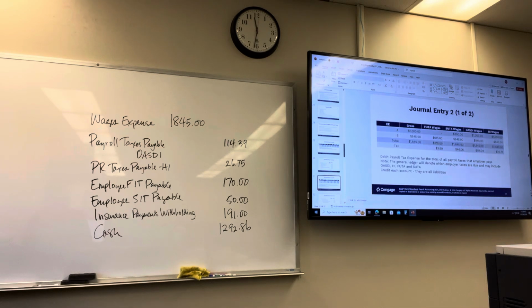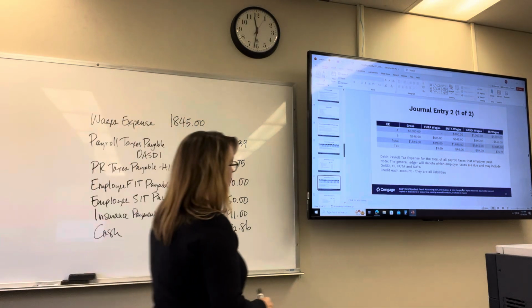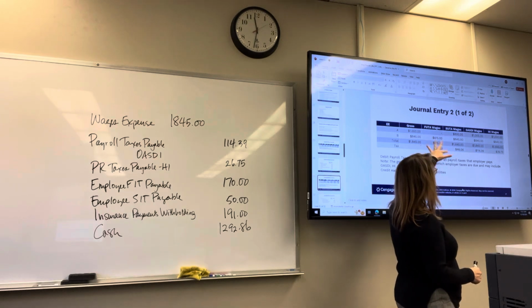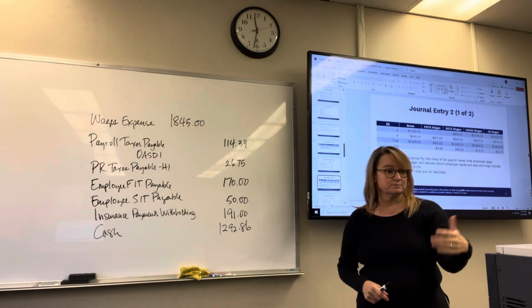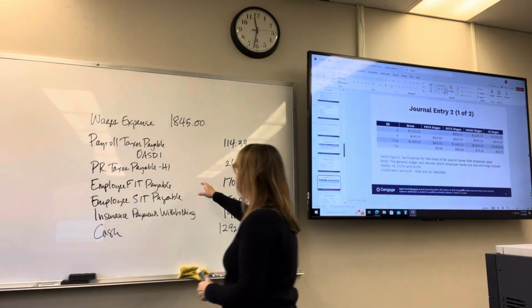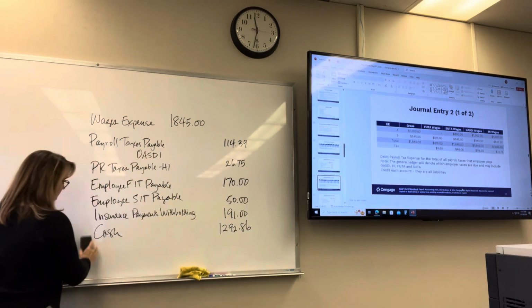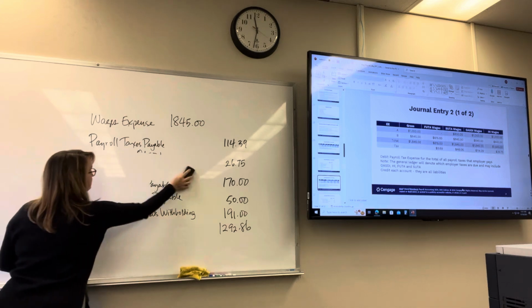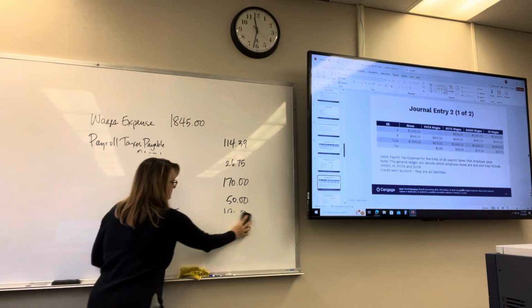The second journal entry comes from the other side of the register, and these are the amounts that the employer is responsible for. So here we've got the first journal entry, everything pertaining to what we're paying the employee and the amounts that are being withheld from their paycheck.